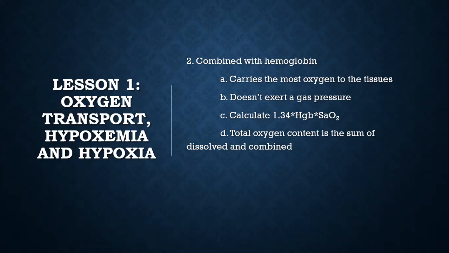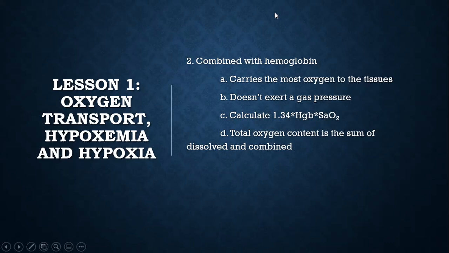This is the formula for oxygen combined with hemoglobin: 1.34 times hemoglobin times the SAT.